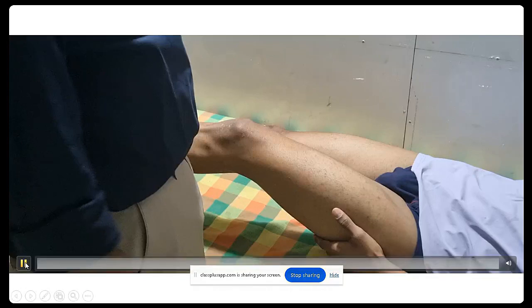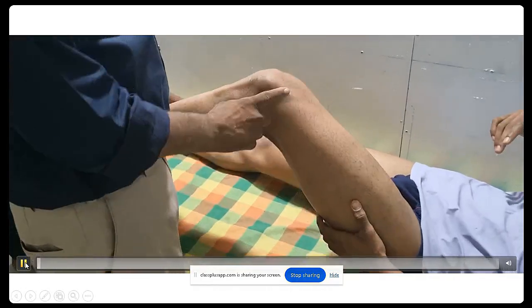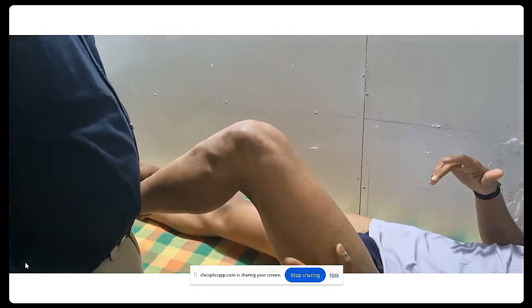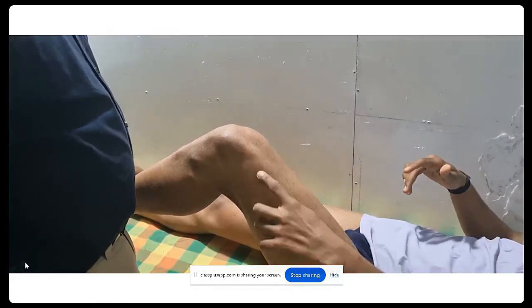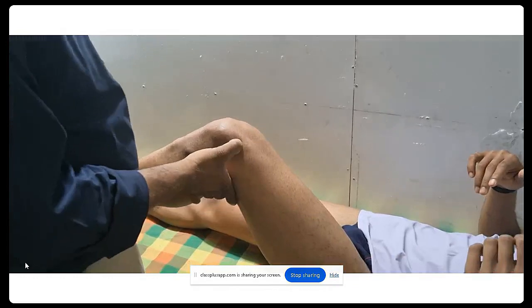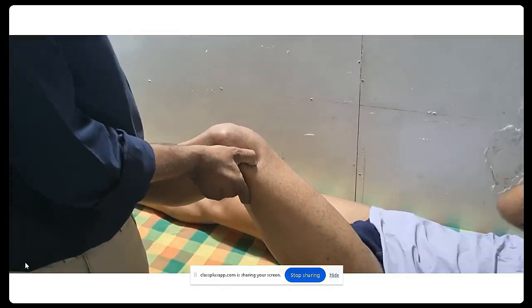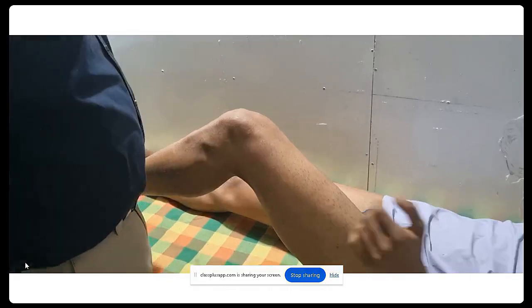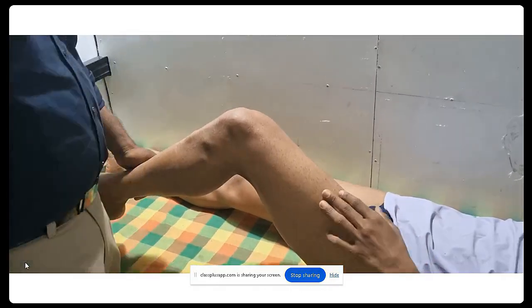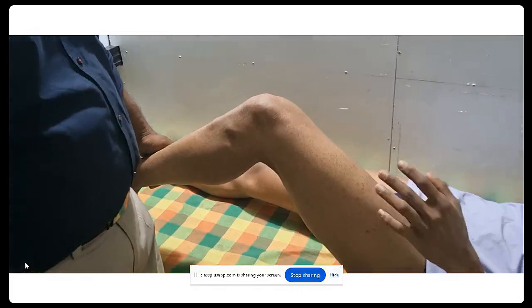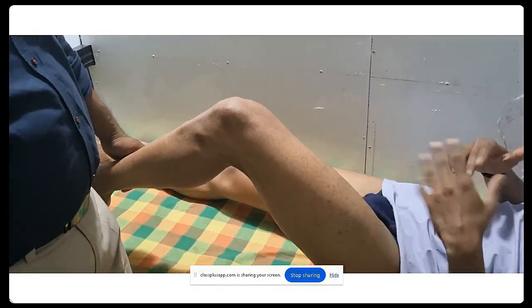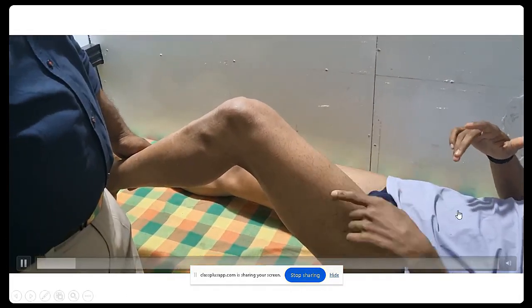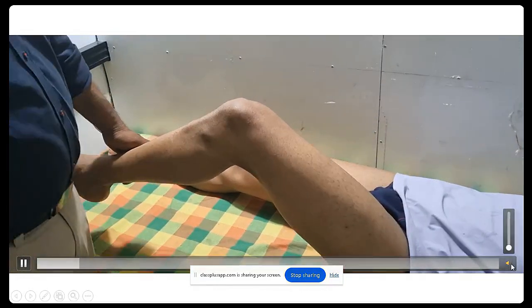This video is a live video of an athlete who is having pain in his quadricep tendon. He has pain on palpation and also a restricted range of movement. I will mute it so that it will be more clear.